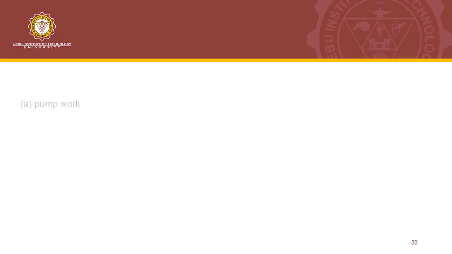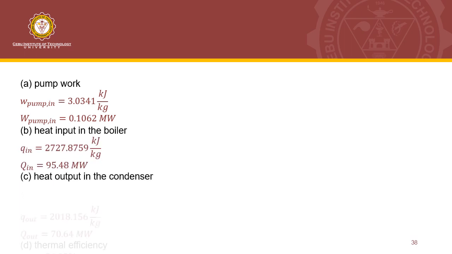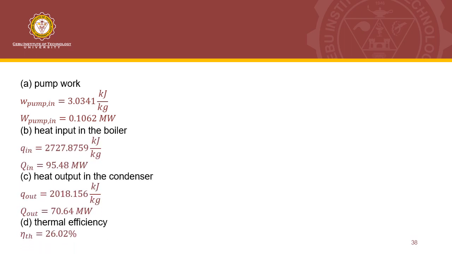So we're able to get the pump work, the heat input in the boiler, the heat output in the condenser, as well as the thermal efficiency. If you can see here, our Qin and Qout are almost the same, or very near to each other.